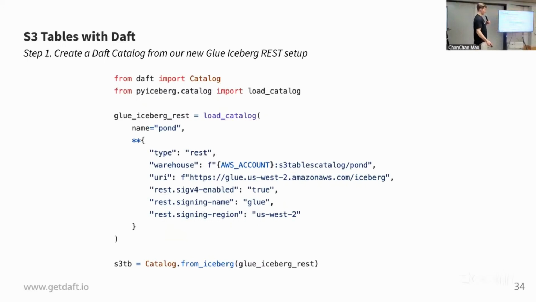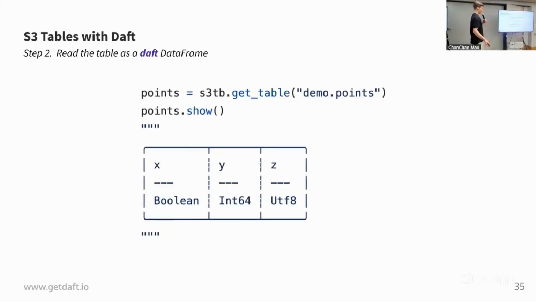And then instead of saying, create a Daft catalog from an ARN, we're going to say, create a Daft catalog from the Iceberg catalog. And do a sanity check. We use this one, and we call get_table. We pass in our identifier, and we get back our table. And lo and behold, it is still empty.